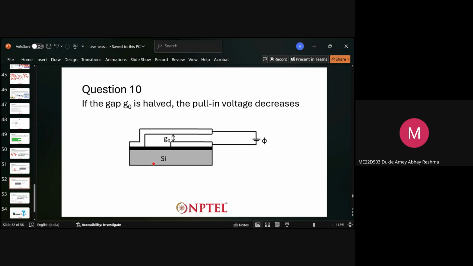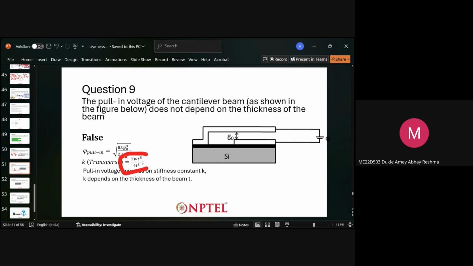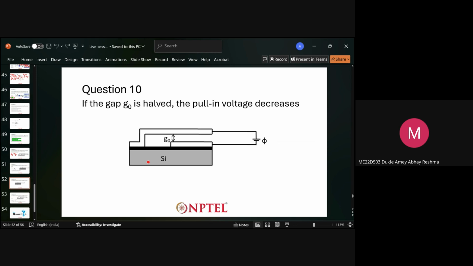Again, the last true and false. If the gap is half, does the pull-in voltage decrease or increase? Again, you have the formula for pull-in voltage. Actually, I think this will help you better. You have the formula here. So what do you think?